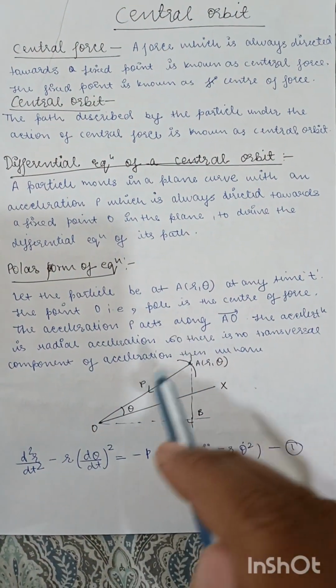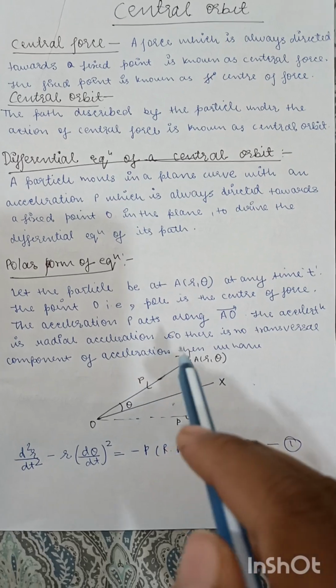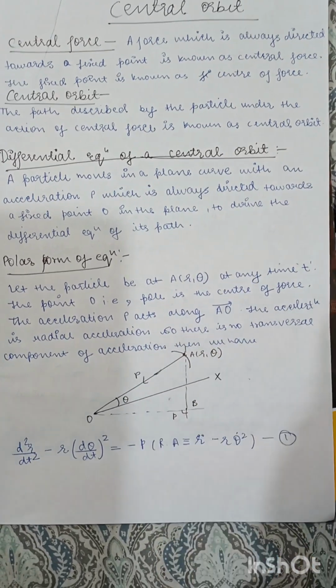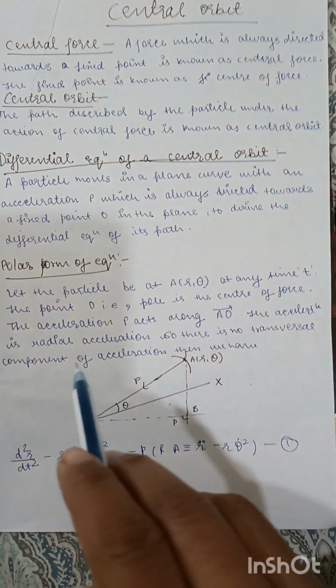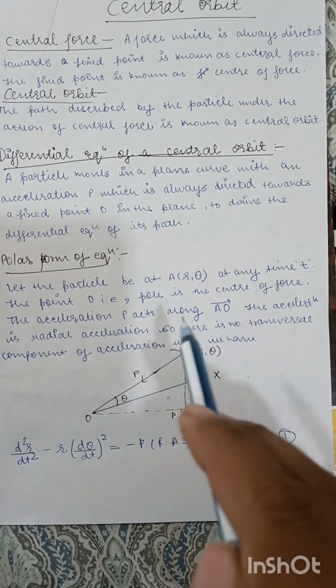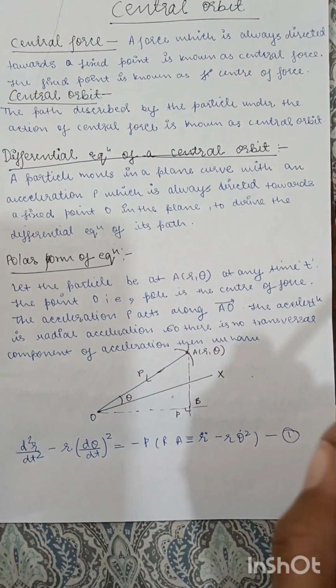The acceleration p acts along AO. The acceleration is a radial acceleration, so there is no transverse component of the acceleration.